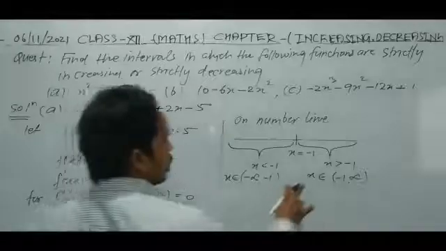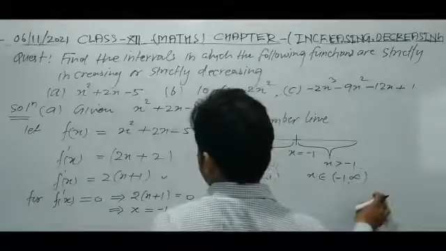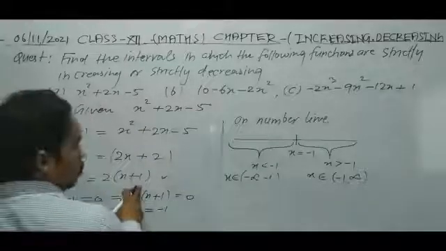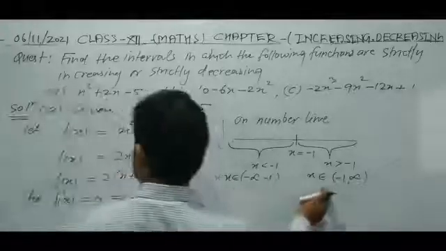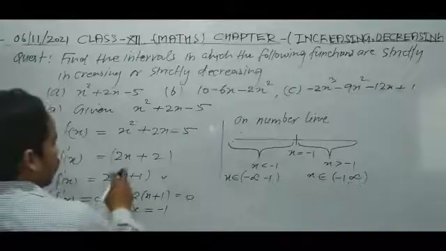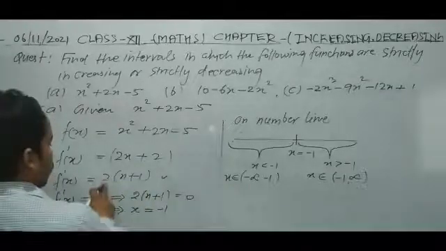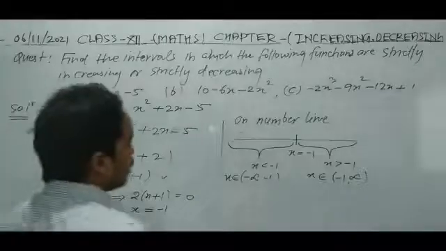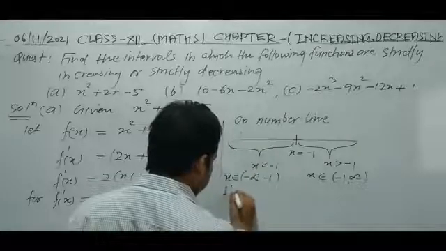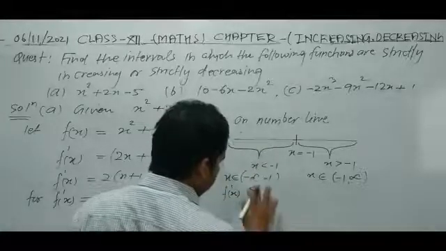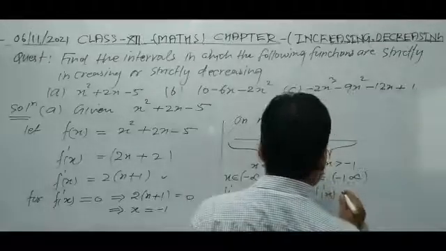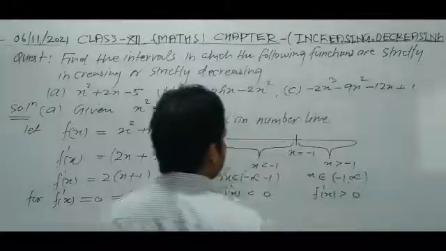For a number less than minus 1, suppose you take x is equal to minus 5, you will get minus 4 multiplied by 2, result minus 8. So in this interval f dash x is less than 0, and in the other interval f dash x is greater than 0.